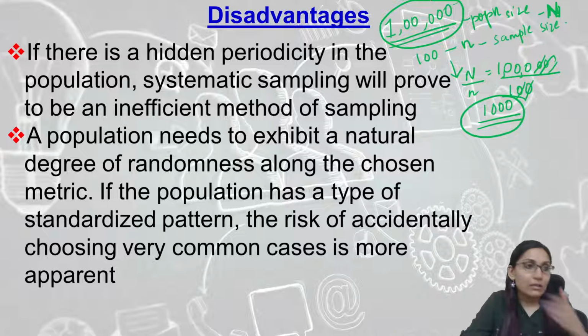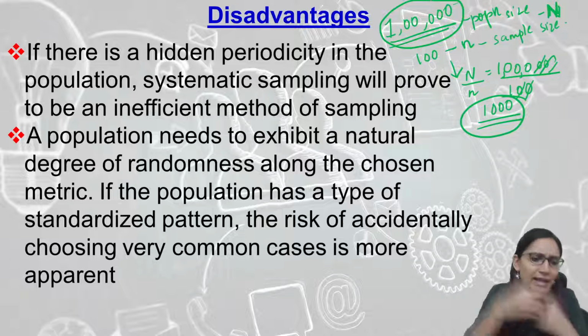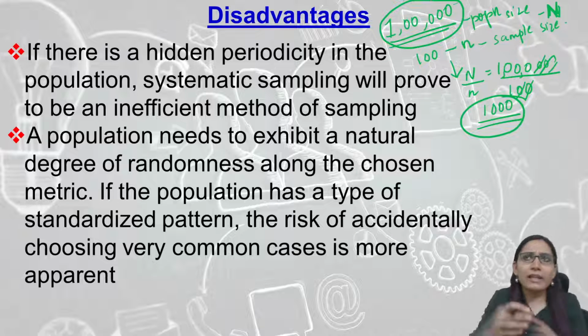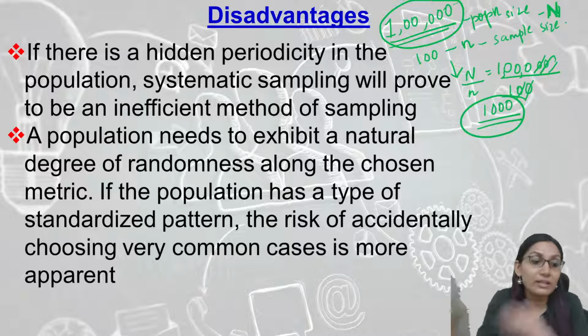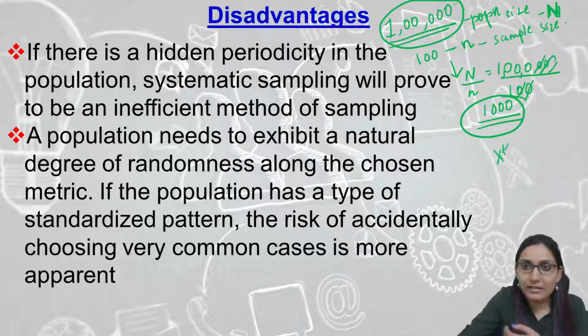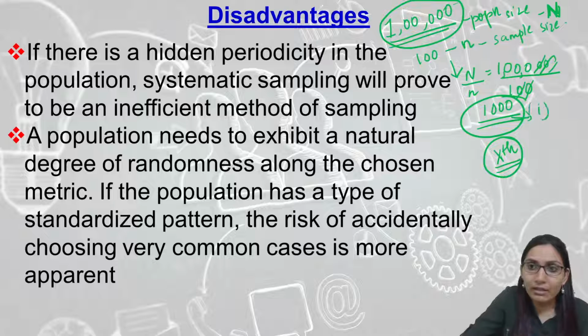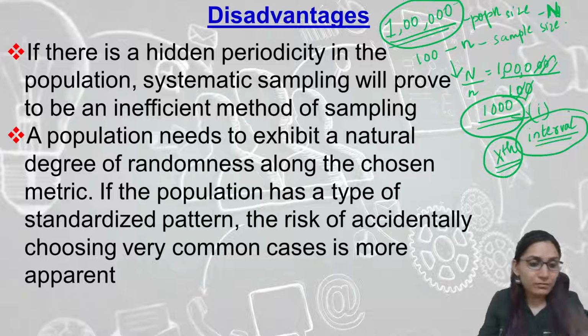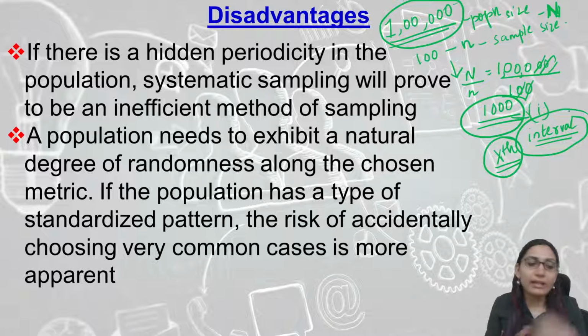That means you randomly start from one person and then you choose every 1000th person after that. So 1000 here is the interval, I. After 1000 the next person, then after the next 1000, like that you will choose.